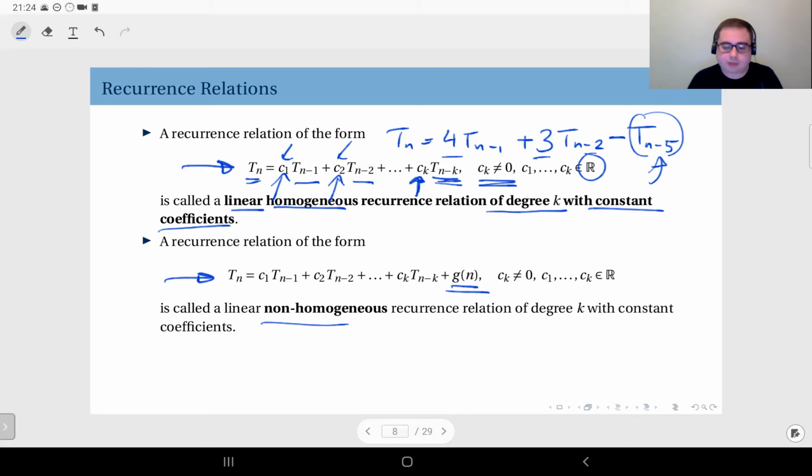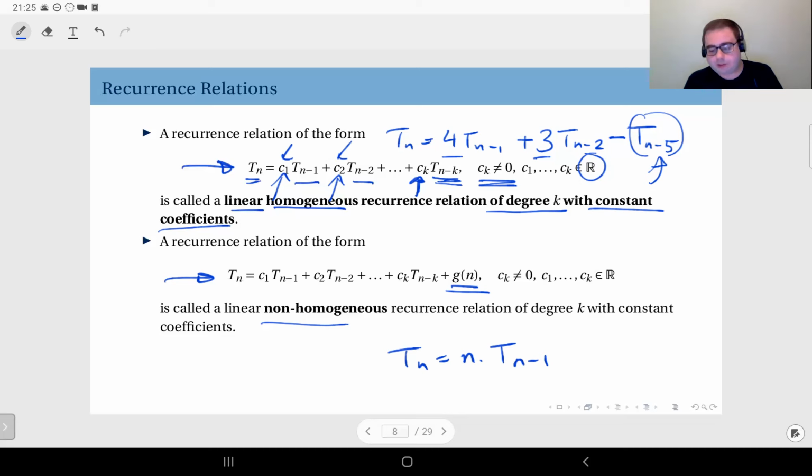So for instance, if you have something like Tn equals n times Tn minus 1, this is not a constant coefficient recurrence relation. It's a homogeneous recurrence relation of degree 1, but it's not constant coefficient.